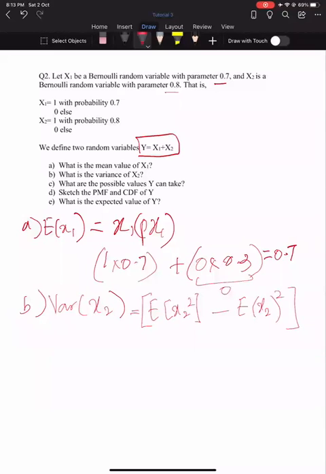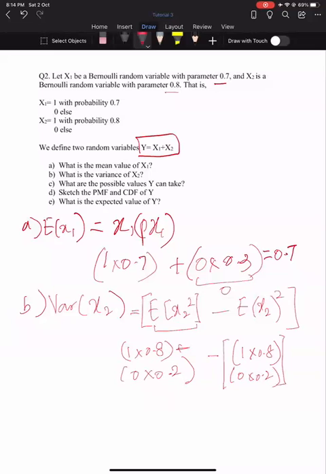For this part again, we'll find it the same way. The values of x2 can be 0 and 1. The first value can be 1, and 1 squared is 1, with probability 0.8, plus the second value 0 with probability 0.2, minus again 1 into 0.8 plus 0 into 0.2, but the whole square of this.